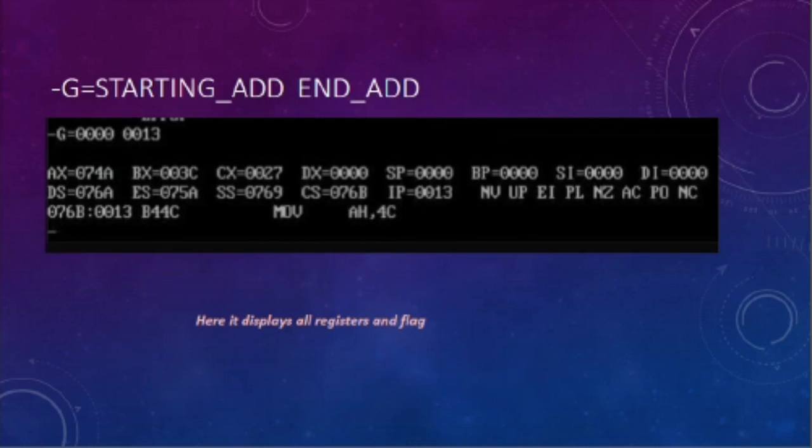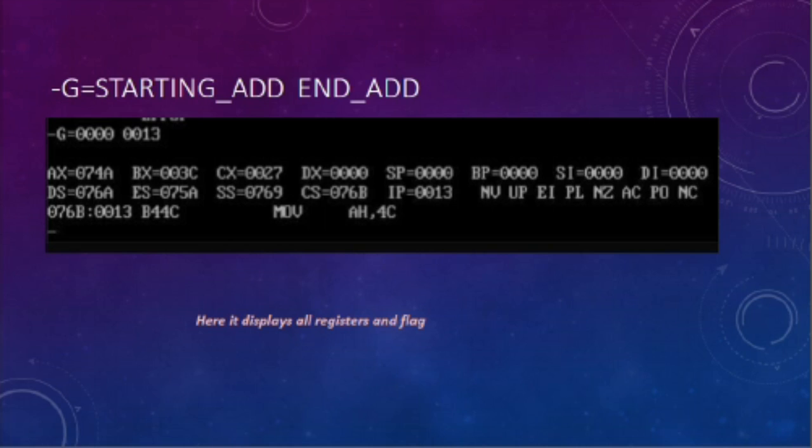Here, to display all the registers and flags, we use the command -g=starting address space end address. You can see I have typed the starting address as g=0000. The starting address of my program is 0000, so I typed four zeros, and the end address I am typing as 0013.